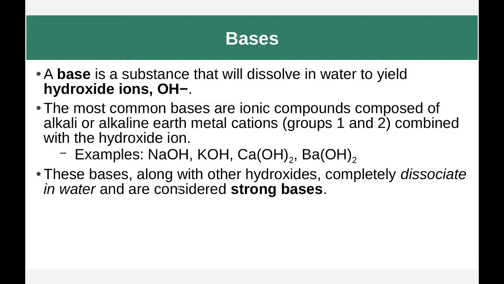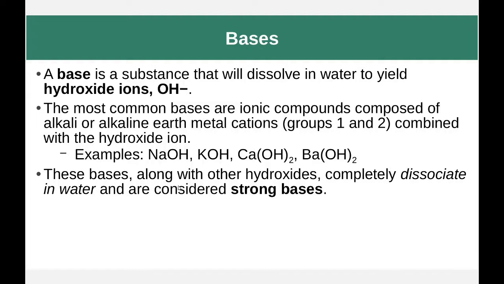A base is a substance that will dissolve in water to yield hydroxide ion. This is one definition for bases. The most common bases are ionic compounds composed of alkali or alkaline earth metal cations combined with hydroxide ions. In this example, we have sodium hydroxide, potassium hydroxide, calcium hydroxide, barium hydroxide.